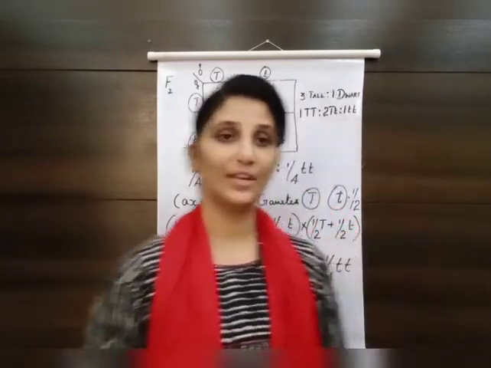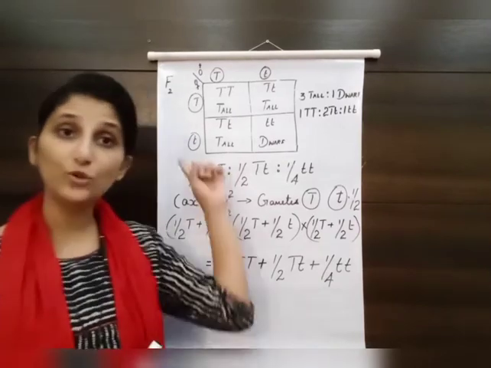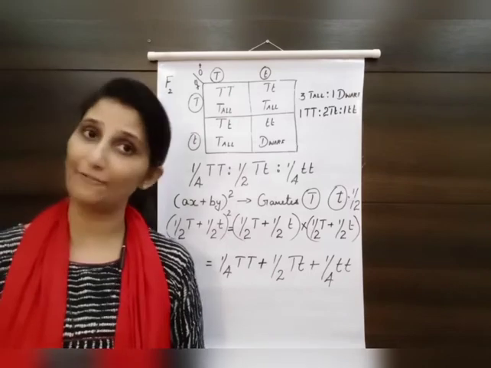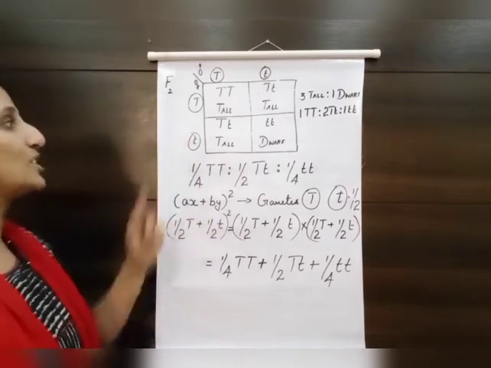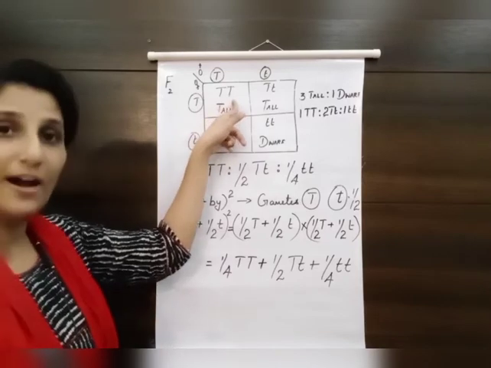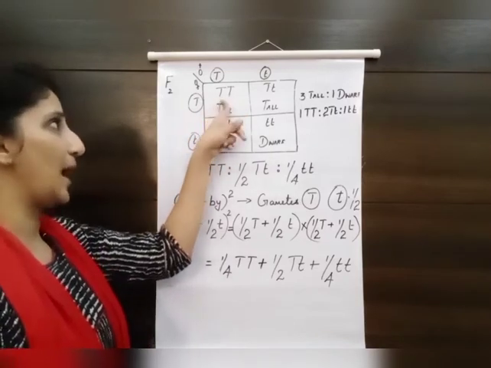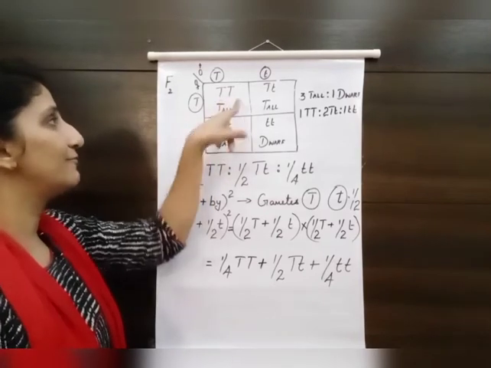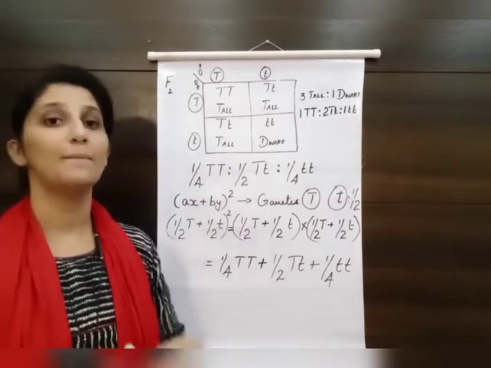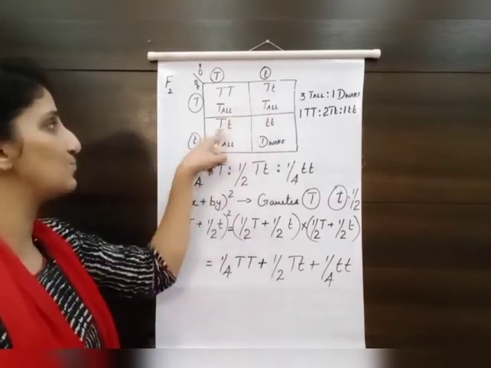So, dear children, if we look into this Punnett square, which shows the F2 hybrids obtained by the selfing or self-pollination of the F1 hybrids, we can see that 1/4 or 25% of the F2 hybrids are tall with the genotype TT, and 50% of the F2 hybrids are again tall but with a heterozygous genotype Tt.